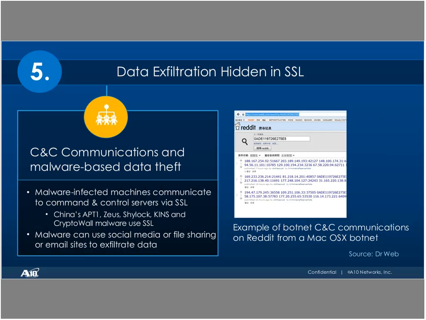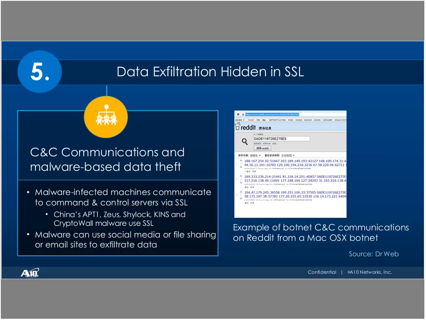And then the last of the top 5 threats that we're going to highlight today is probably the most interesting, and that is data exfiltration from intruders and from bots and malware that's hidden in SSL. So we'll start with the more basic type. A couple years ago, when some of the more advanced financial Trojans came out, they were explicitly using encryption for command and control server communications, or CNC communications.